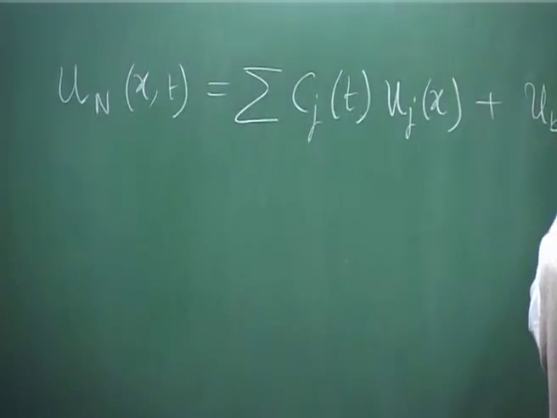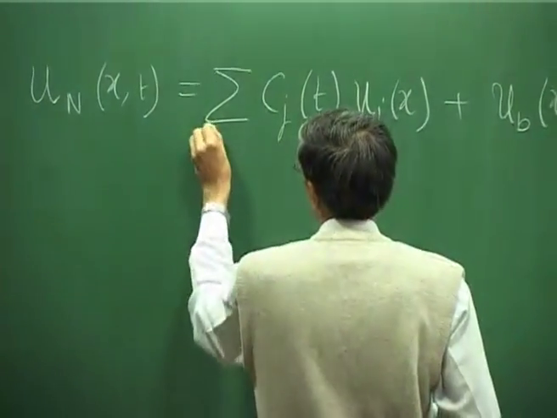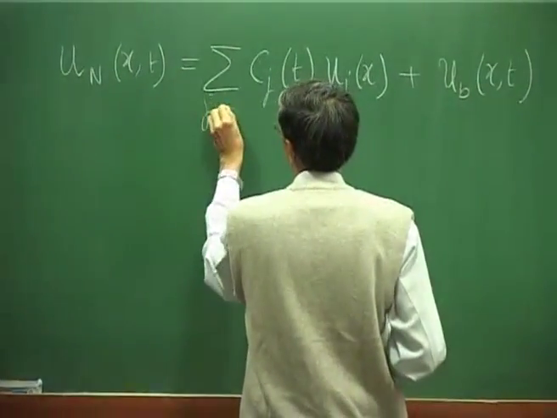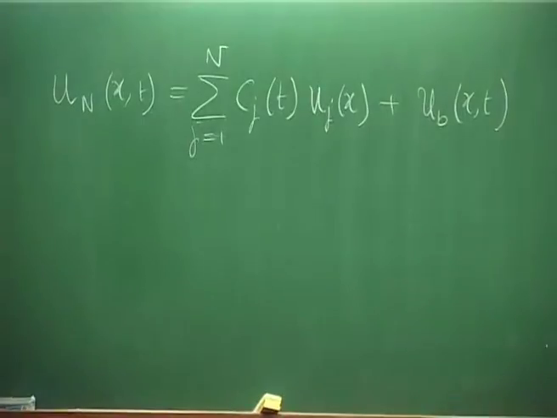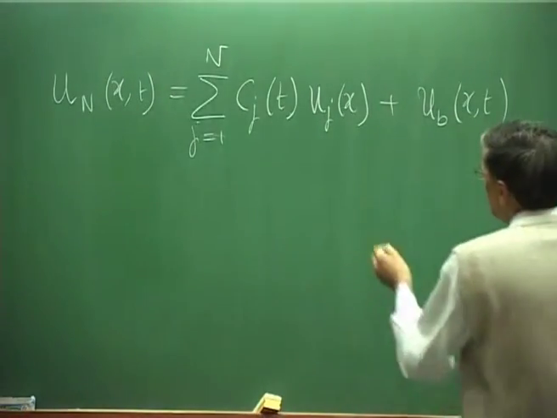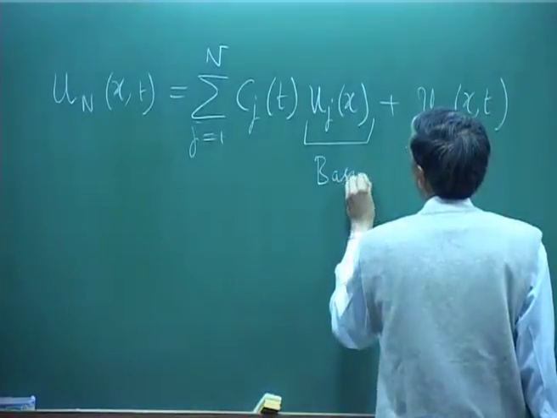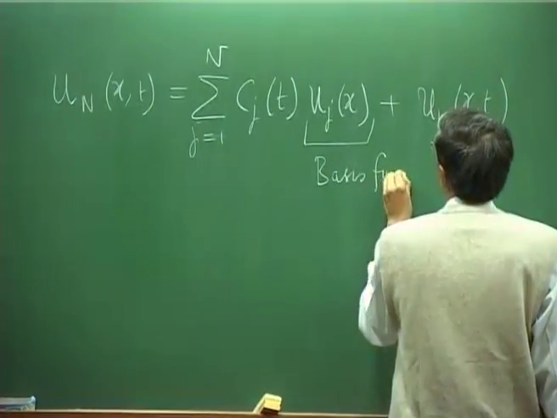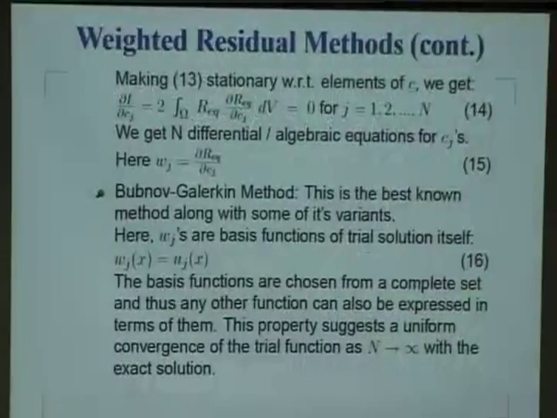So, what we are saying now is that these are what are called the basis functions. So, in the Bubnov-Galerkin method, we choose the weights themselves as the basis functions. So, Wj's are nothing but Uj's themselves.